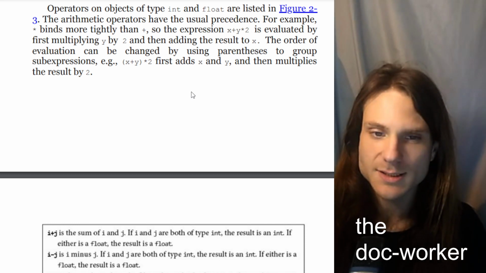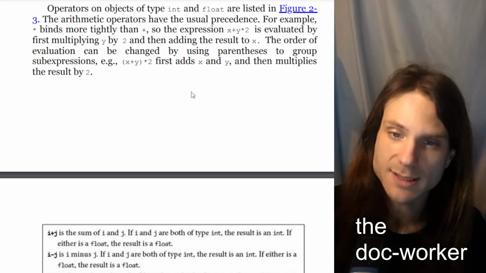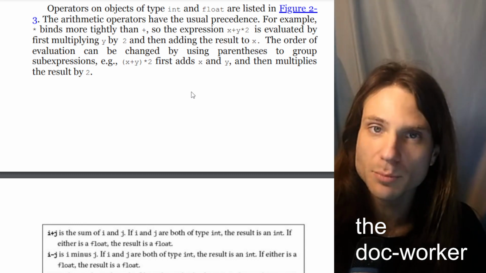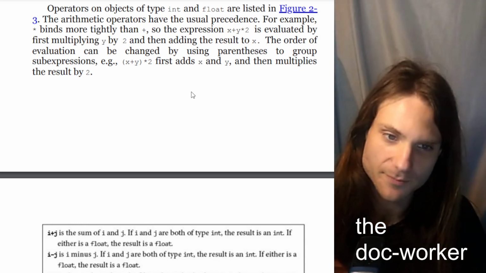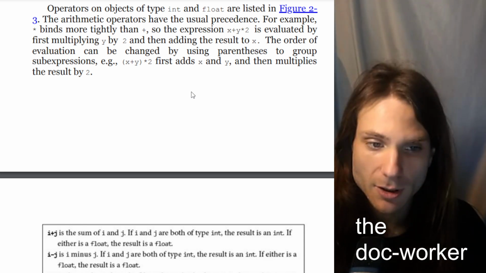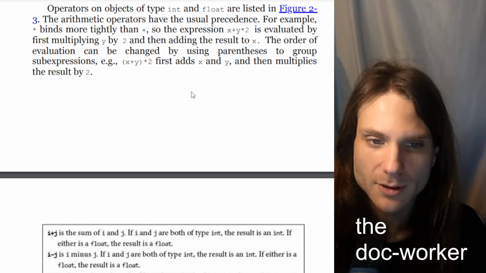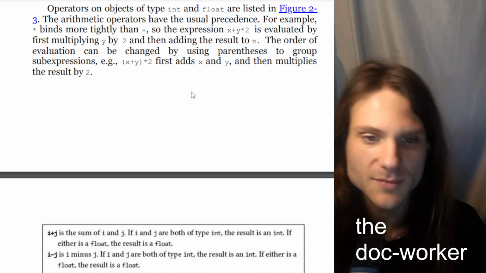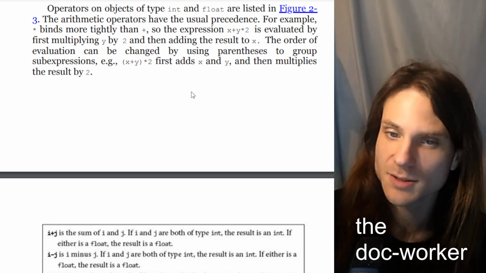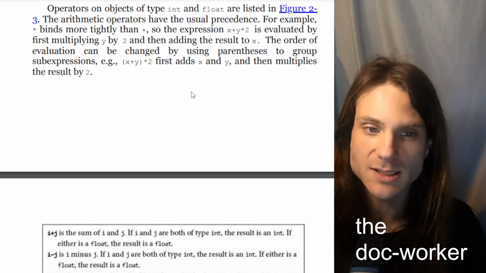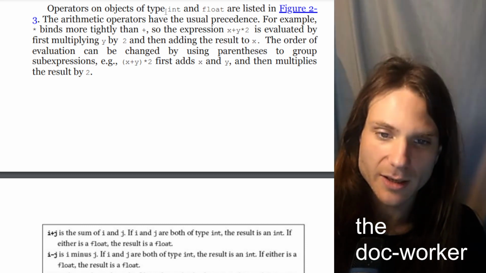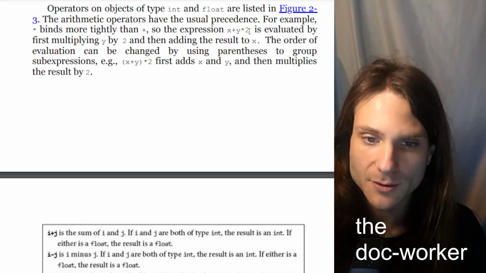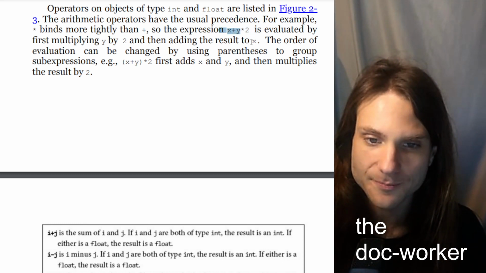Operators on objects of type int and float are listed in figure 2-3. The arithmetic operators have the usual precedence, like PEMDAS. For example, the star, multiplication operator, binds more tightly than plus, the addition operator. So the expression x plus y star 2 is evaluated by first multiplying y times 2, and then adding the result of that to x.